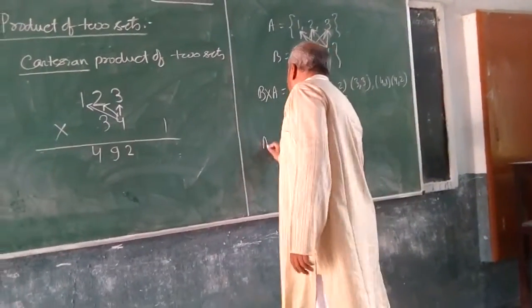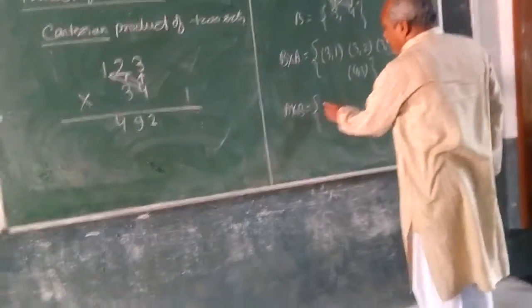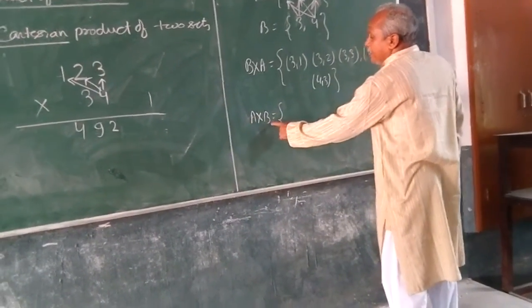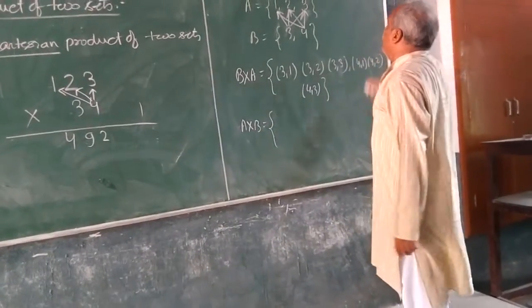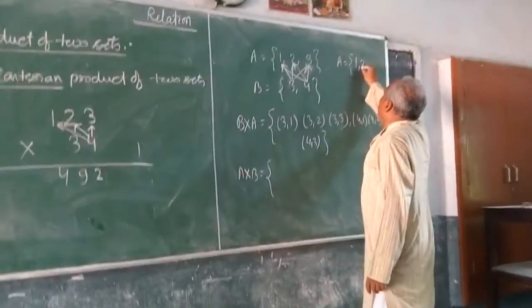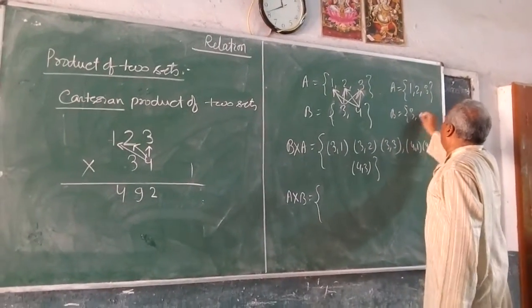In a similar way, if we write A cross B, obviously in all the ordered pairs the first element will be taken from A and the second element from B. Let me write again: A equal to {1, 2, 3} and B equal to {3, 4}.